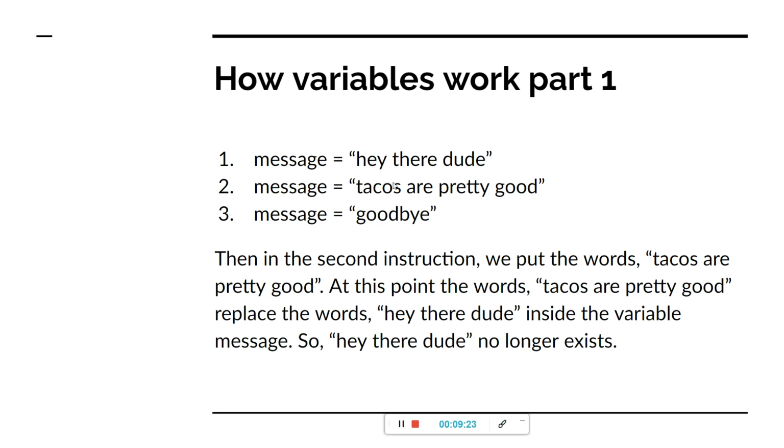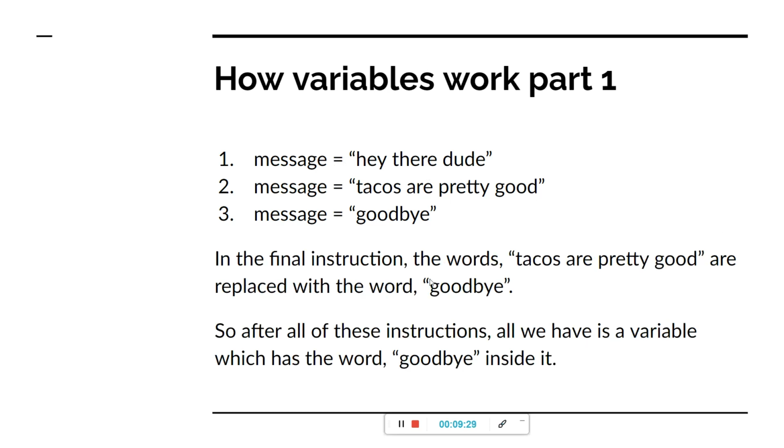So nothing is permanent, if that makes sense. And in the final instruction, the words "tacos are pretty good" are replaced with the word "goodbye." So after all of these instructions, all we have is a variable which has the word "goodbye" inside it. Does that make sense? If it doesn't, ask me in class, because this is really important.